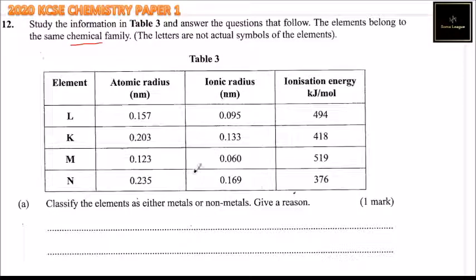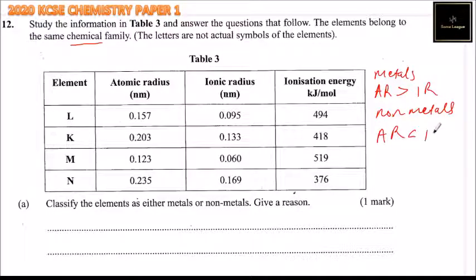For metals, the atomic radius is greater than the ionic radius. For non-metals, the atomic radius is less than the ionic radius.